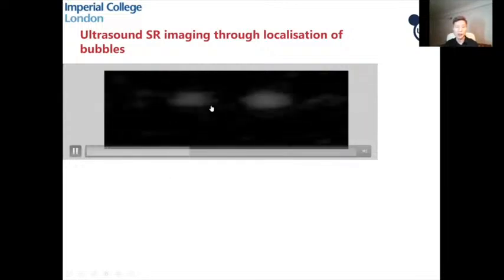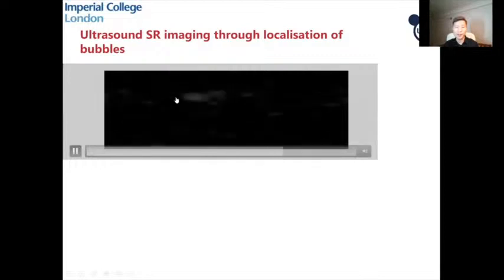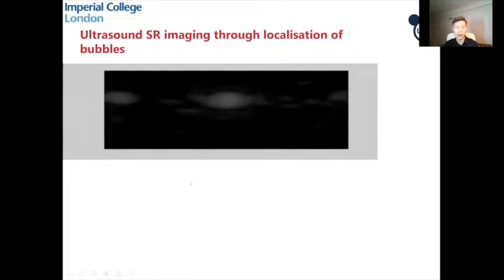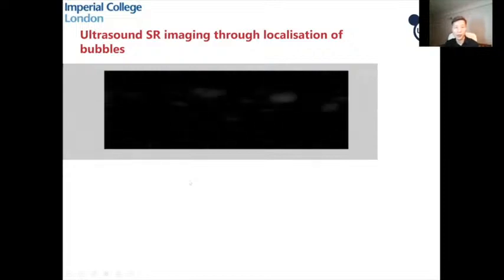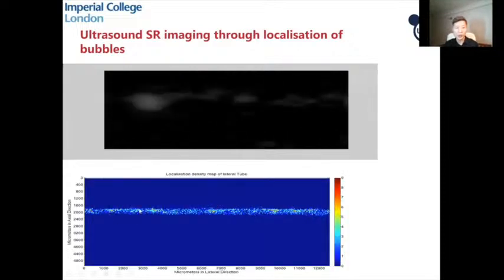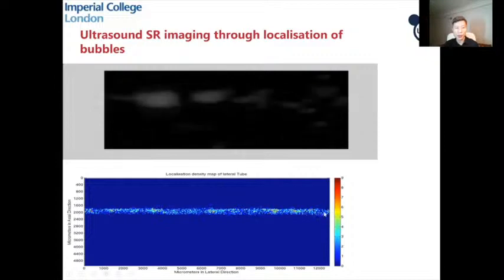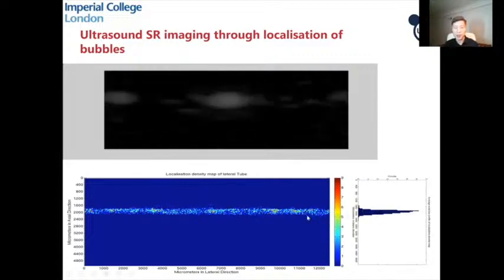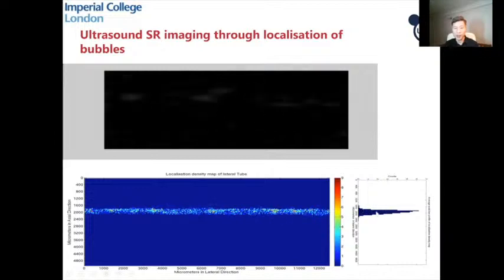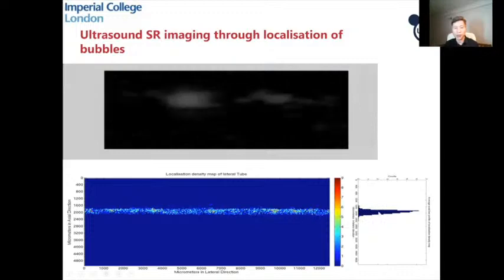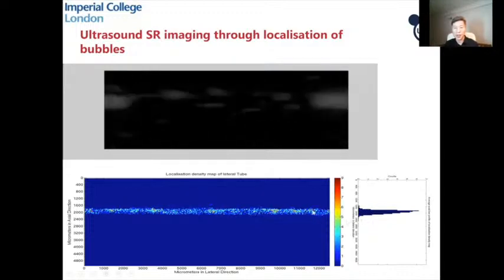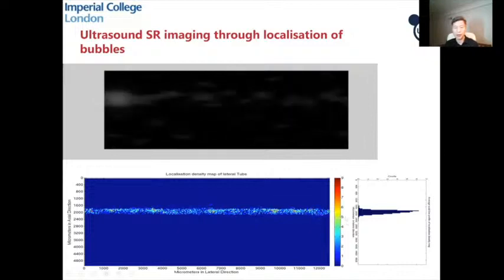If you find each individual bubble signal, localize it, find the center of it, and accumulate them over time, you will generate this super resolution image of the vessel. And the diameter of the resulting image, when you measure it, corresponds to a 200 micron tube, which corresponds to what we know the real diameter to be very well.